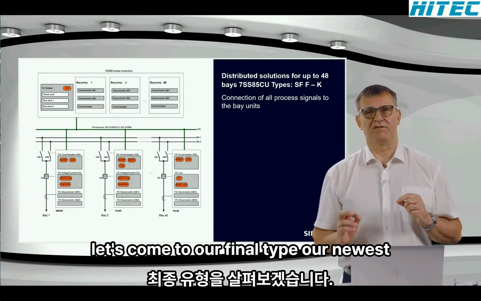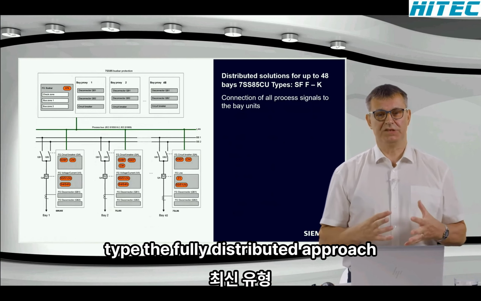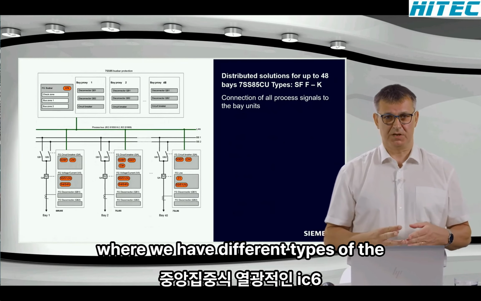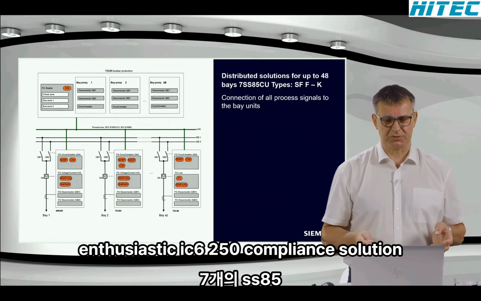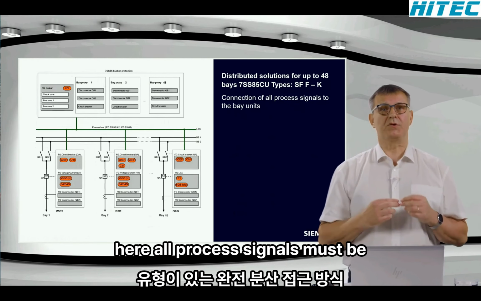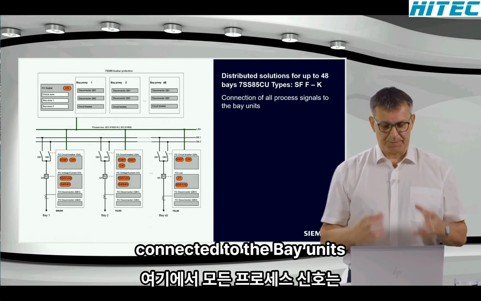Let's come to our final type, our newest type, the fully distributed approach, where we have different types of the 7SS85 compared to the centralized and to the IEC 61850 compliant solution. Here, all process signals must be connected to the bay units.